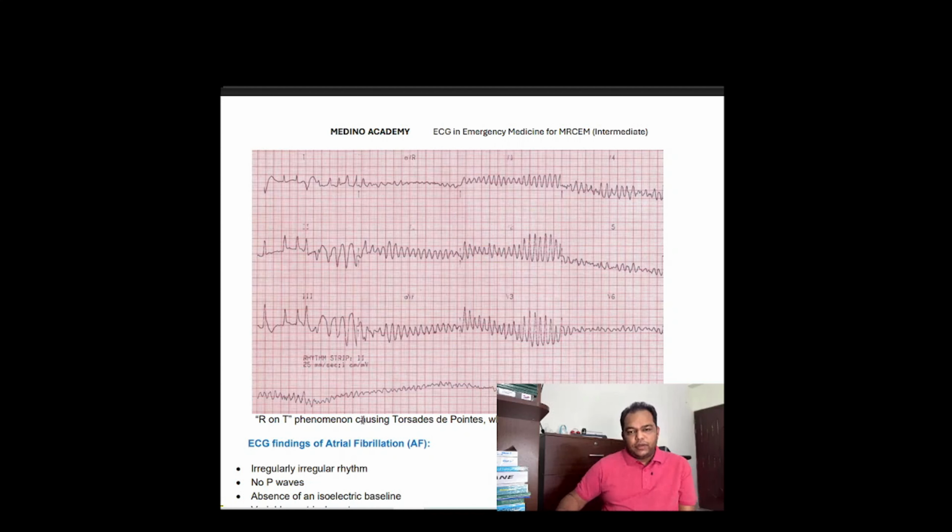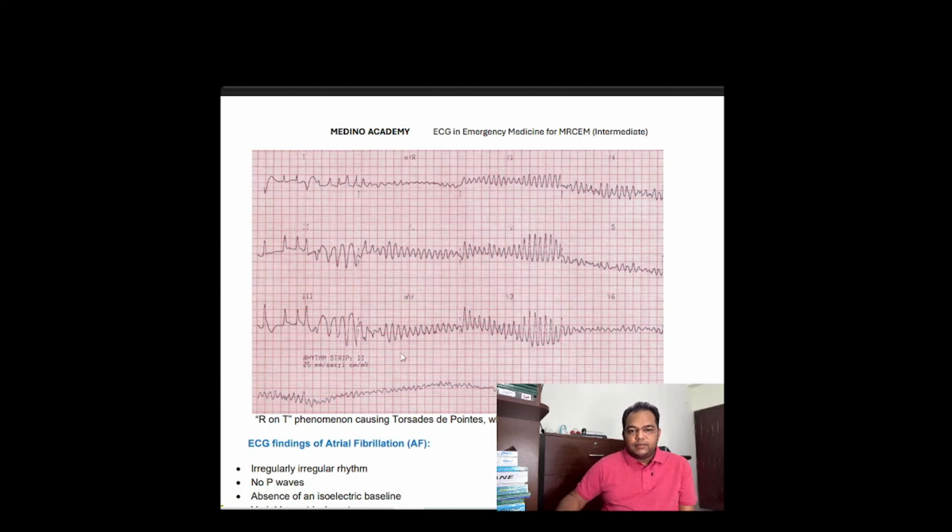R on T phenomenon, which causes torsade de pointes, and subsequently it causes ventricular fibrillation. This is the ventricular fibrillation, and this is the ECG of torsades de pointes.